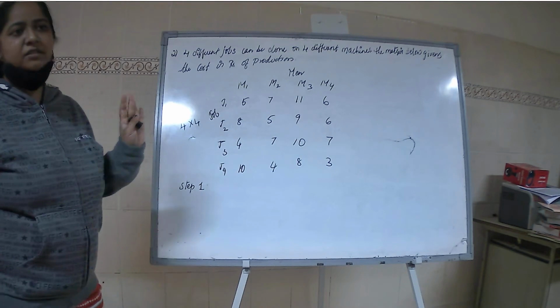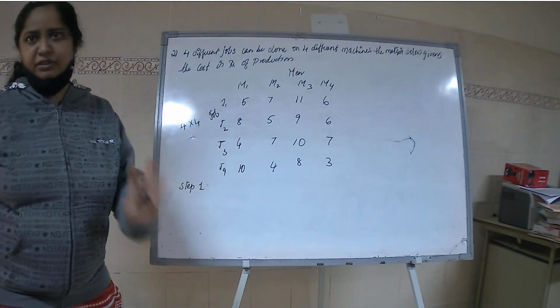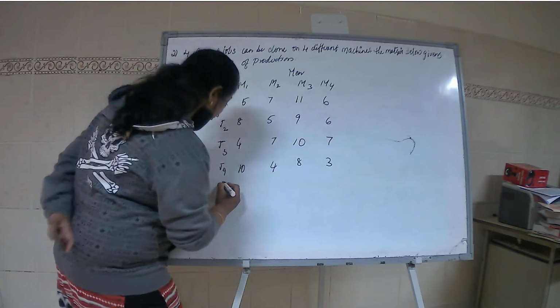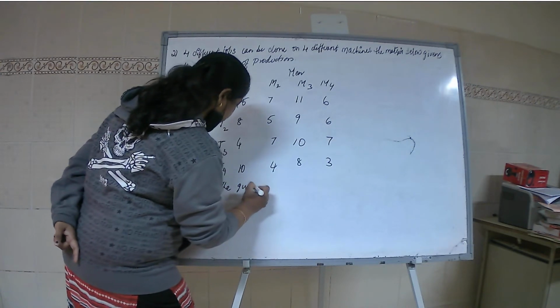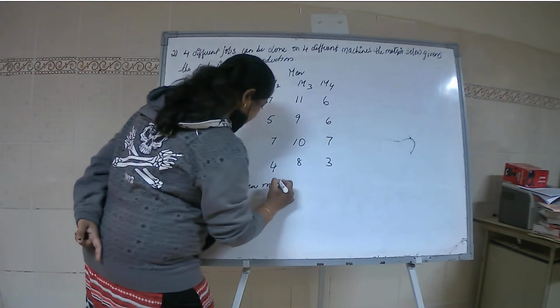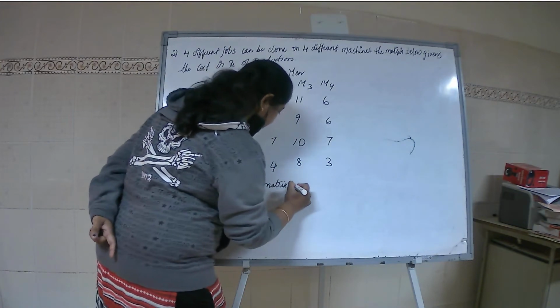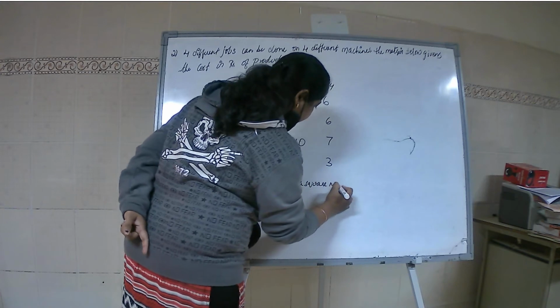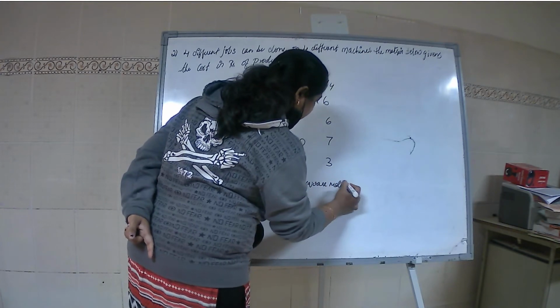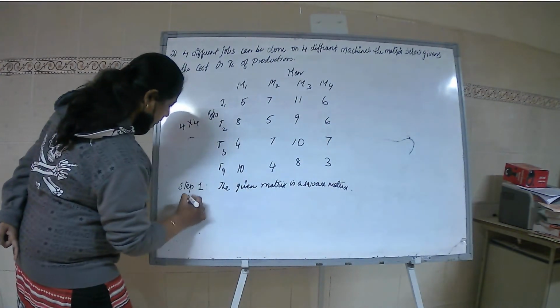So the given matrix is a square matrix. Now you can proceed further. Now let's go with step 2.